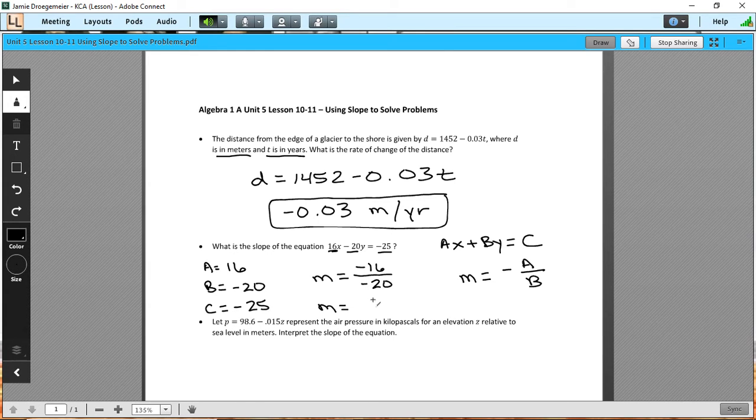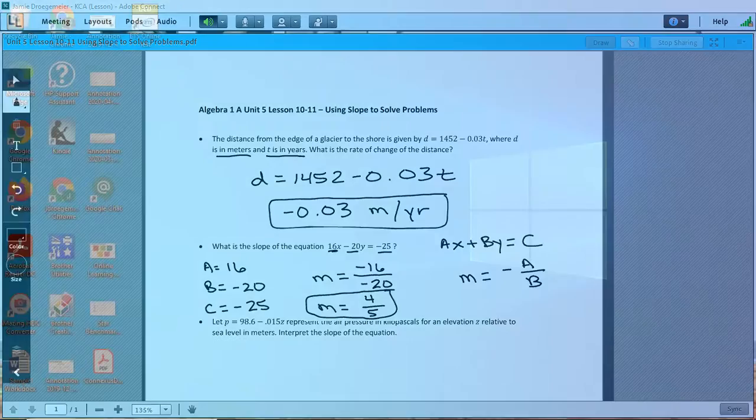Then 16 divided by 20, we could give in decimal form, but I'm going to keep it as a fraction. Simplifying that fraction, I can divide each by 4. 16 divided by 4 is 4, and 20 divided by 4 is 5. Our slope in this case would be a positive 4/5. Or if you go with the decimal, that would be 0.80.